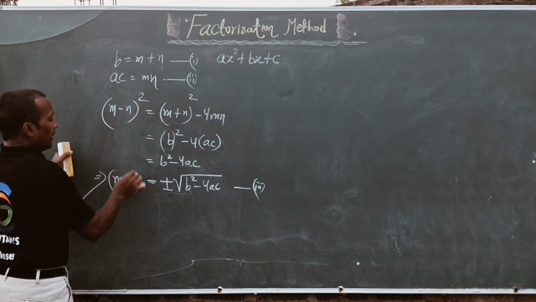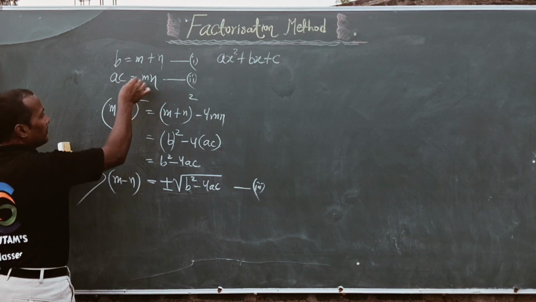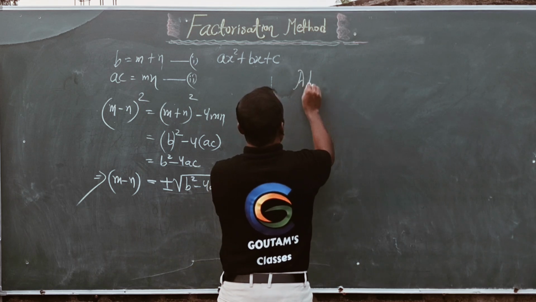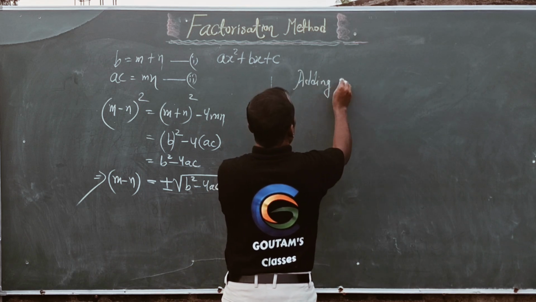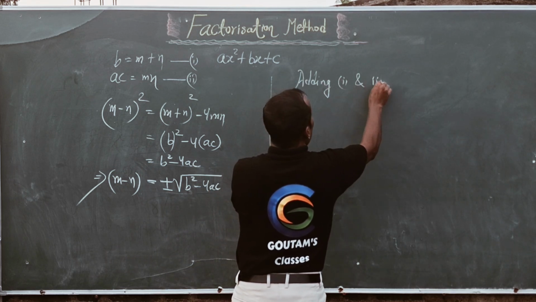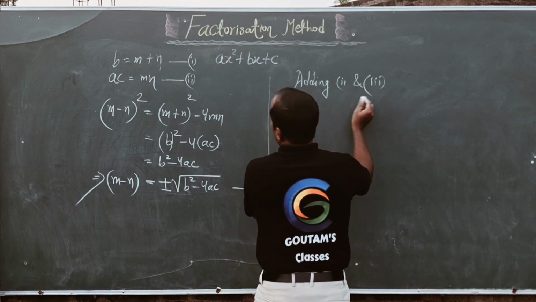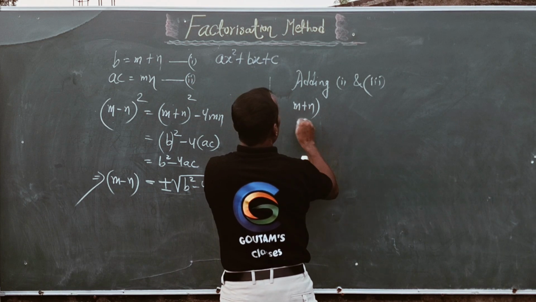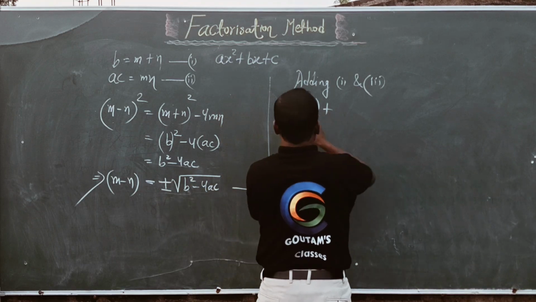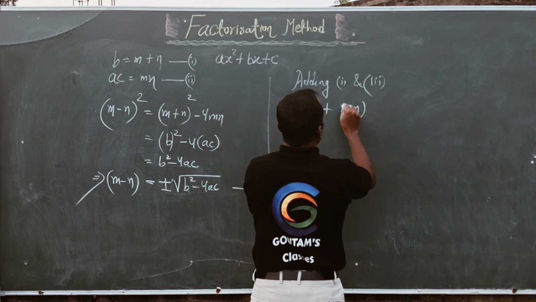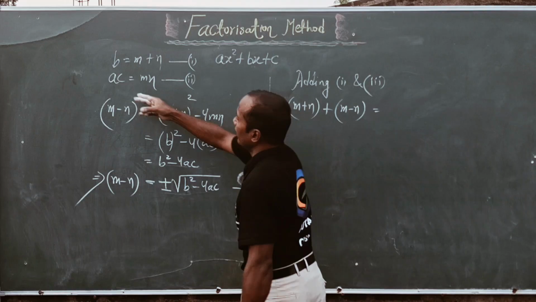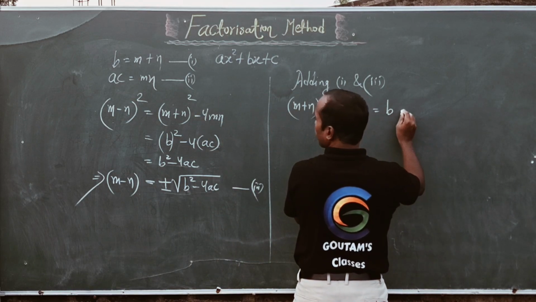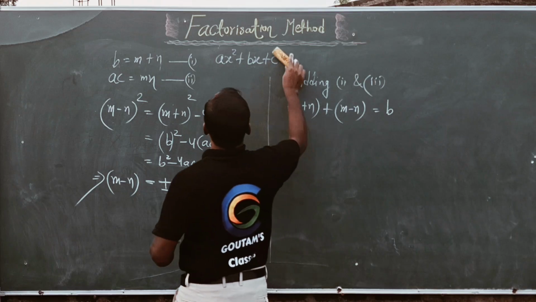Now I will use equation 1 and 3 and add these two. Adding the two equations, I am taking the RHS of M plus N equals B, adding with the RHS of the third equation, and LHS with LHS.